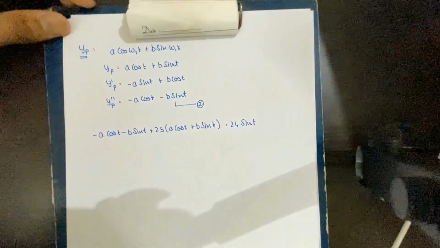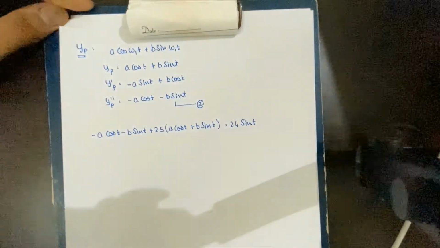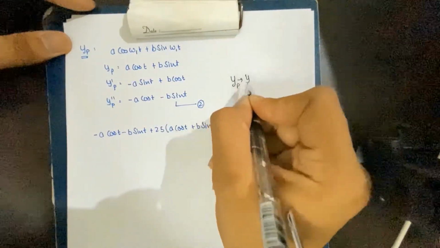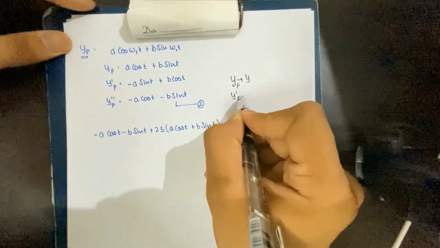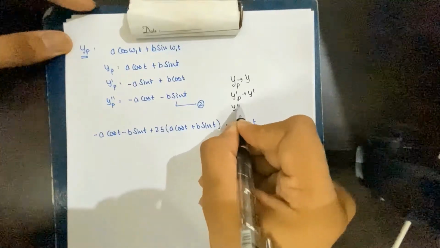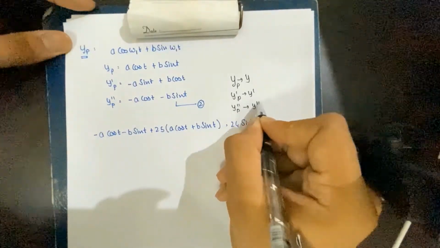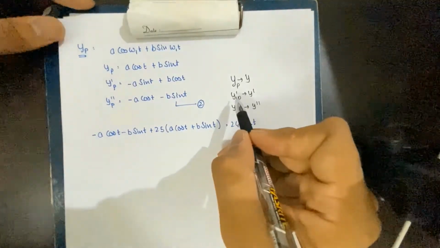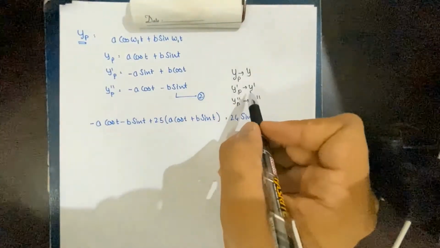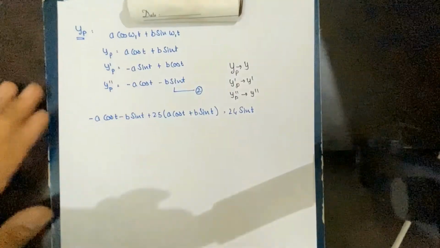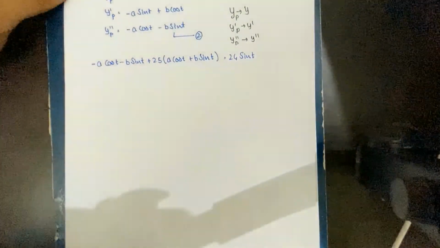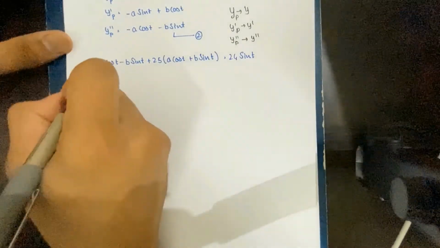Since we don't have any y dash coefficients, the coefficient of y dash is 0, so this is our equation.